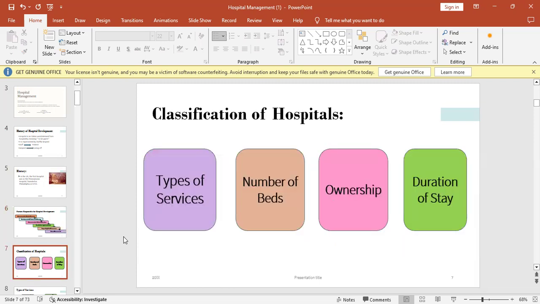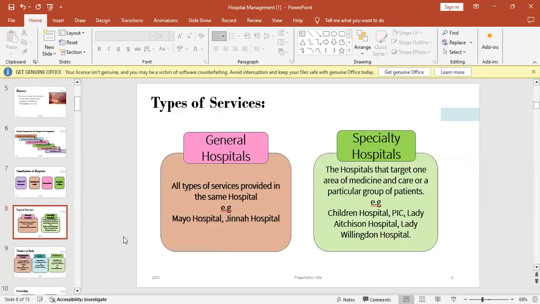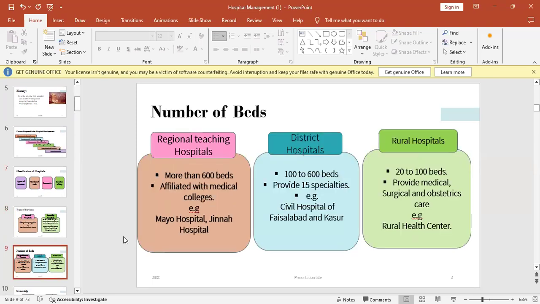Hospitals can be classified based on their number of beds, ownership, duration of stay, and the type of services they provide. There are general hospitals that provide general services, and some are specialized hospitals, like the Children's Hospital, which provides pediatric services, or PINS, which provides neurosciences services.